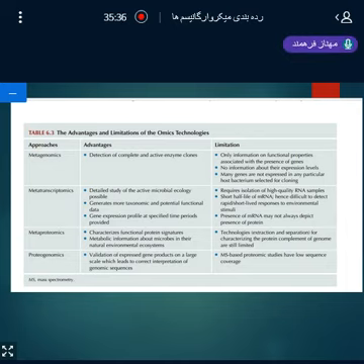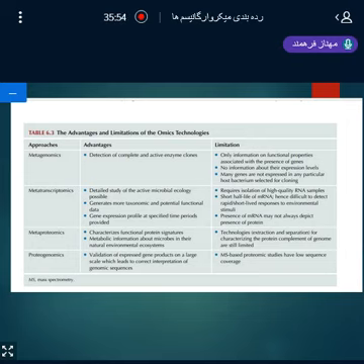In this table, you can see the advantages and limitations of the omic technologies. That is very important. It may be a question for your final exam. Please note and please read it carefully.